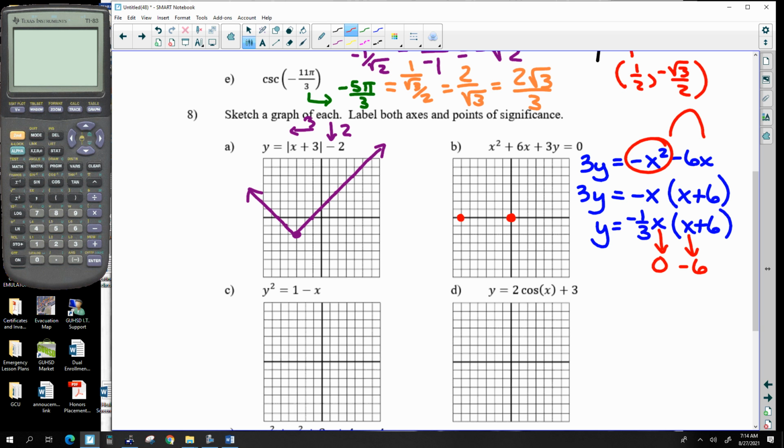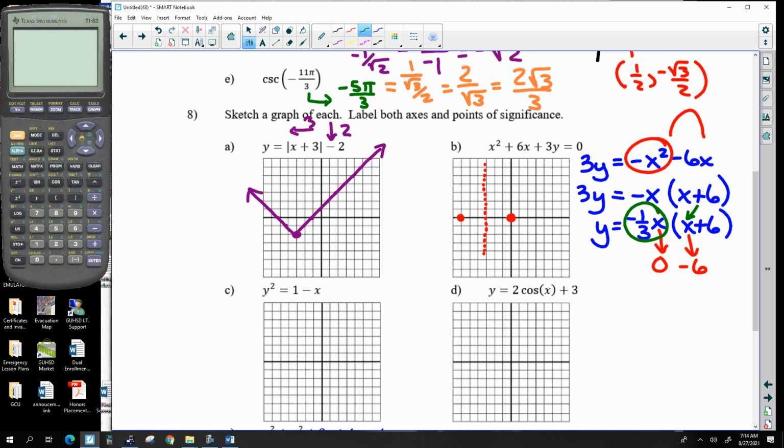All right, so that would imply that the vertex of this is going to be at x is equal to negative 3. So what I'm going to do is just plug and chug negative 3 into this and see what the y coordinate would be. So if I plug in negative 3, that would turn into a positive 1.